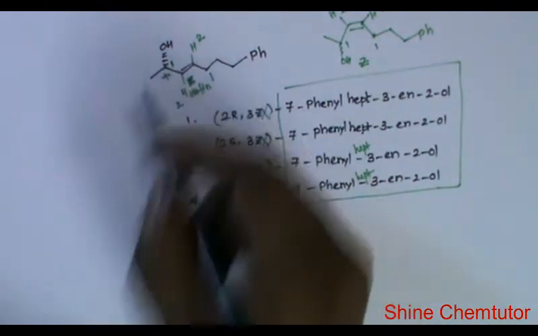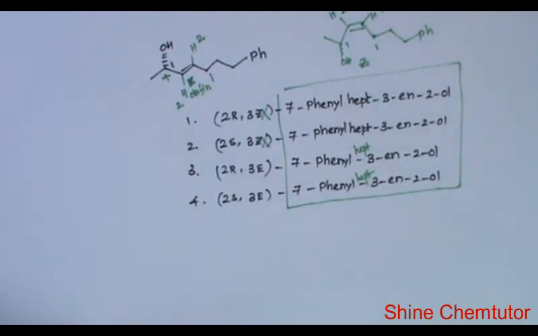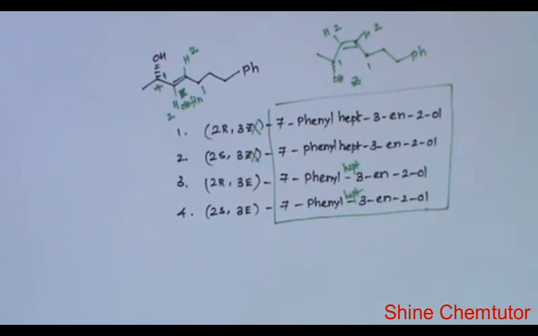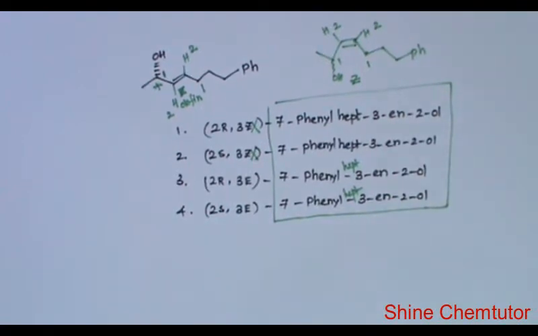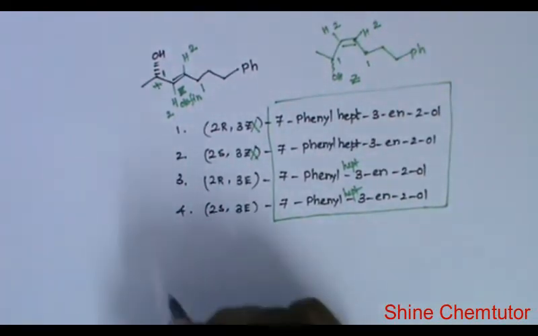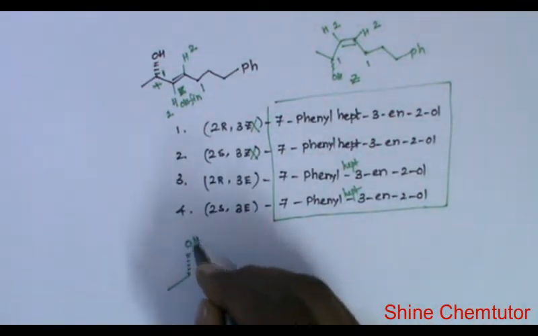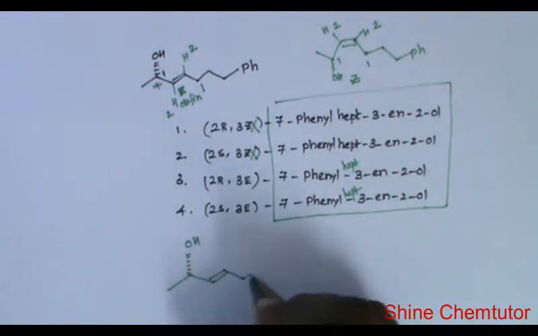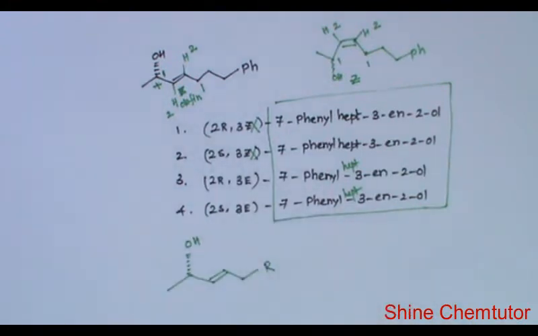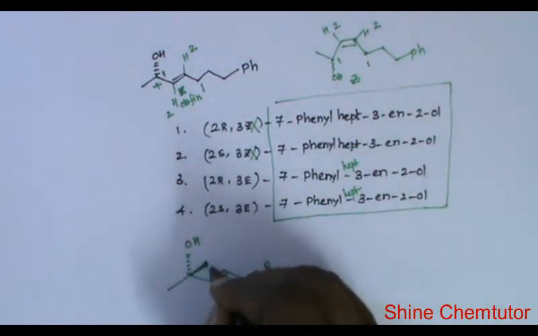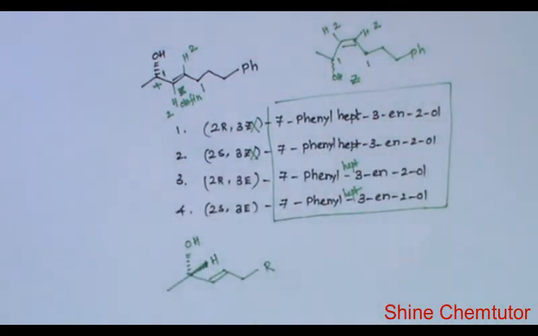Now, what about the configuration of this chiral carbon? For that, we have to give priorities. I write that here, and I have something like this. Now, the fourth substituent is not shown. I mentioned that also.